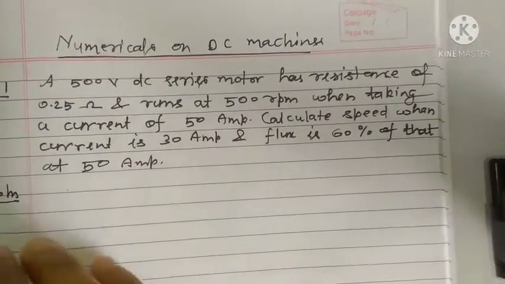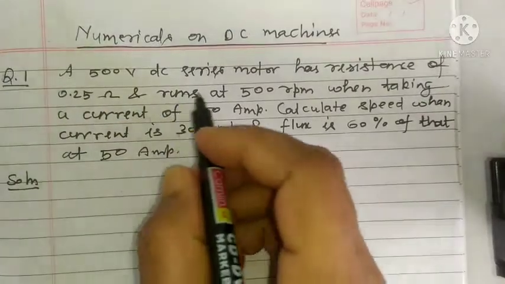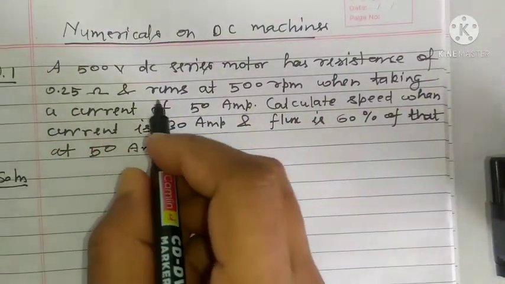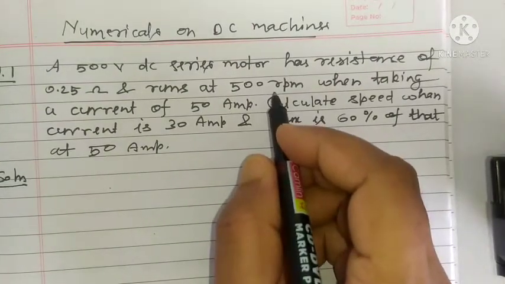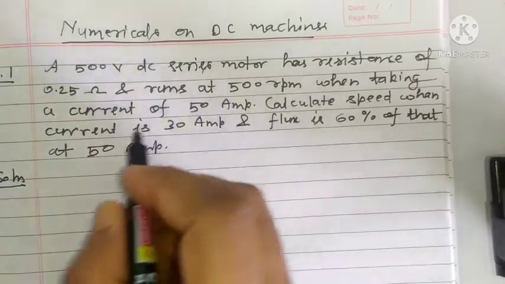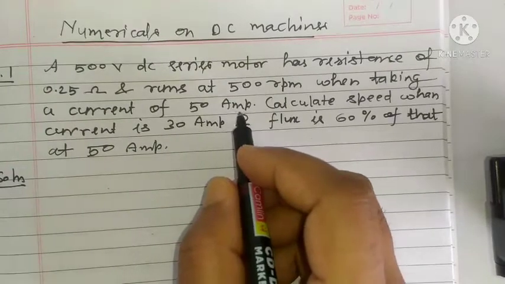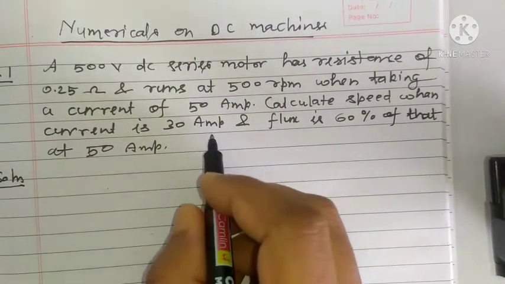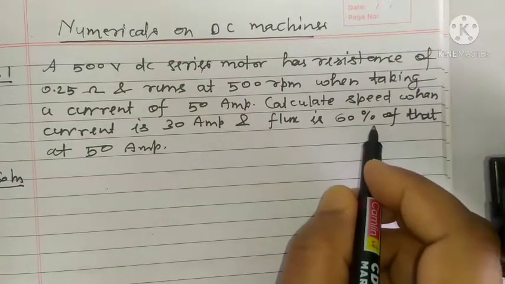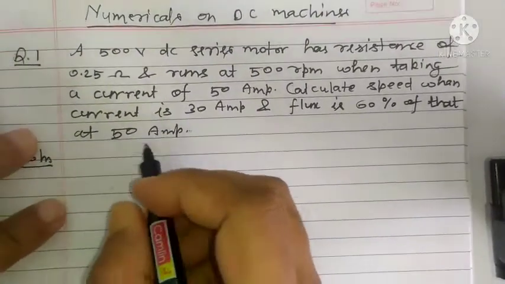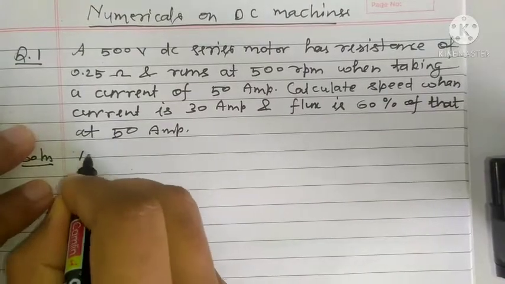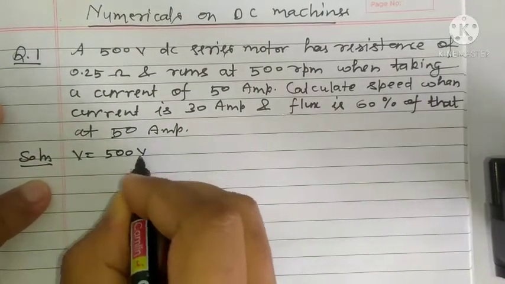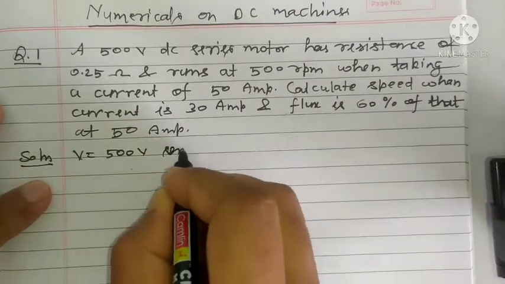The very first numerical is: a 500 volt DC series motor has a resistance of 0.25 ohm and runs at 500 rpm when taking a current of 50 ampere, right? Calculate the speed when the current is 30 ampere and the flux is 60% of that at 50 ampere. So what is given here? V, the supply voltage for the motor, is 500 volt, series motor.